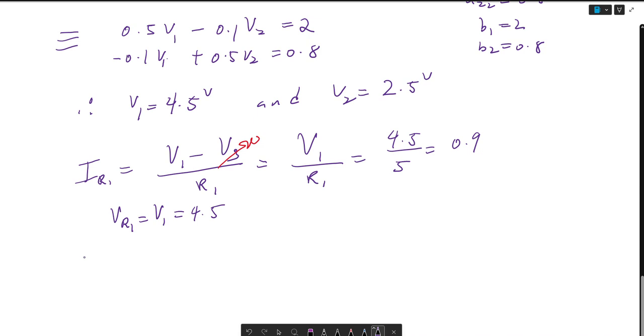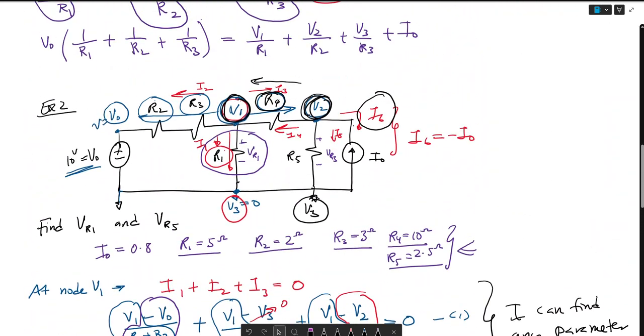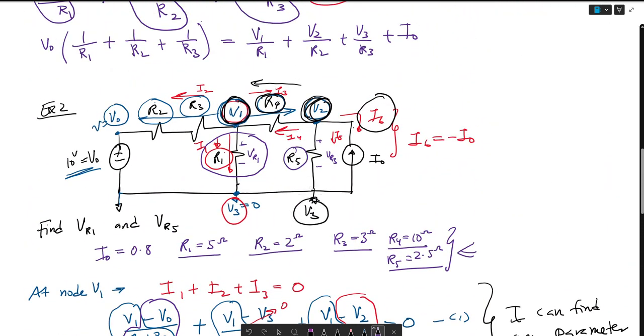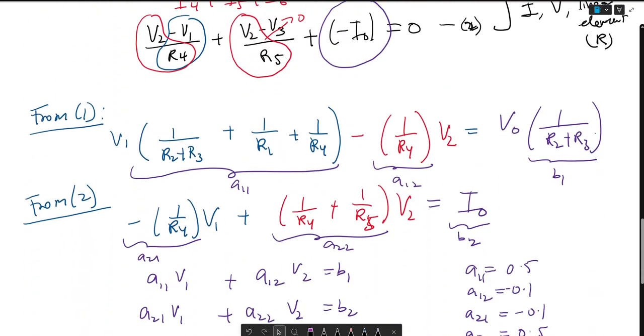If you wanted to find the current IR5, or the current through R5, it's just going to be V2 minus 0 over R5.